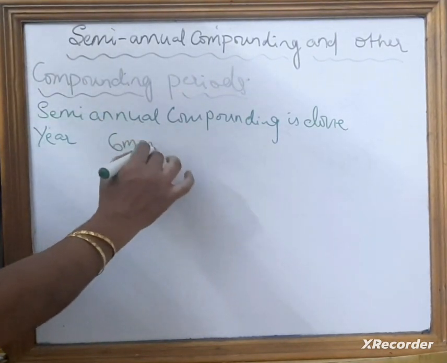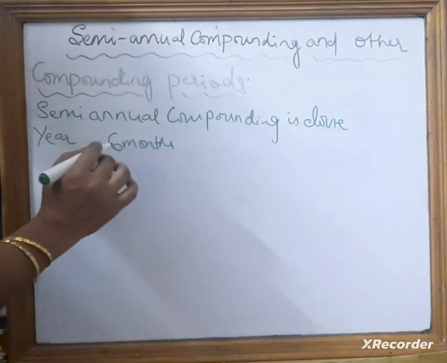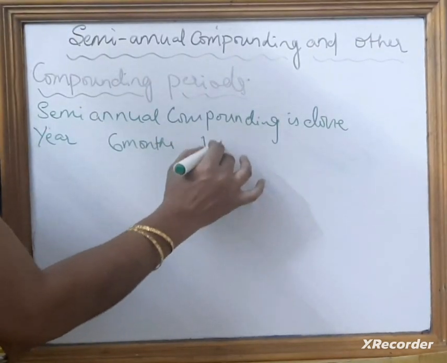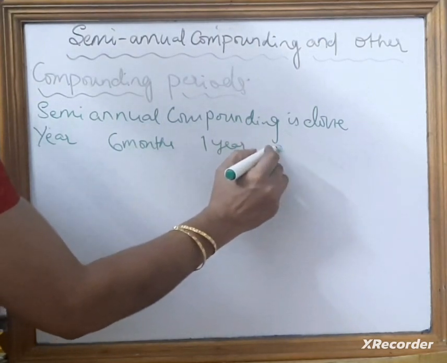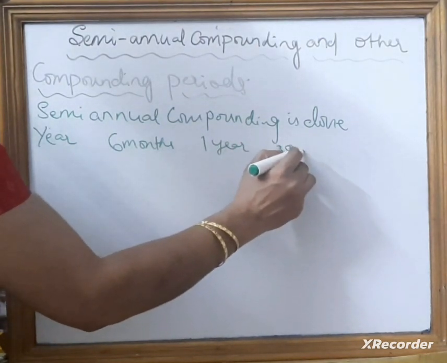Since it is compounded every 6 months, it will be compounded 4 times in 2 years.